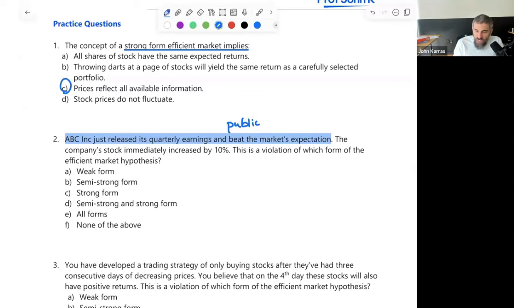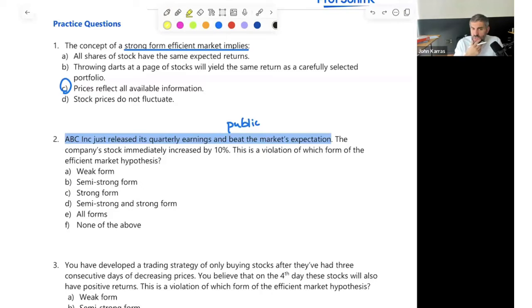What I don't want you guys to do is say, oh, okay, public is semi-strong, so the answer is semi-strong, and let me move on to the next question. Because half the time you're going to be wrong. Just because we have public information doesn't mean we have a violation yet. So the next part of the question would be to ask yourselves, is this information reflected in the stock price?